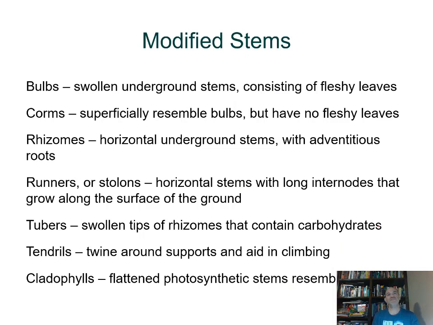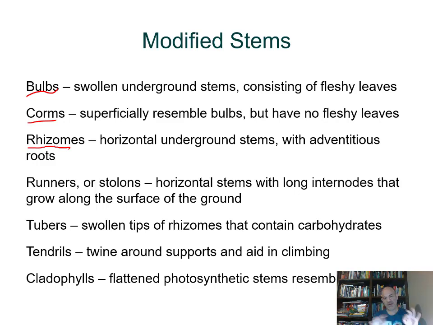Now, looking at modified stems, there are several kinds. There's a list here, and then there are some images of some of them. There are bulbs, which have fleshy leaves. Think of an onion. An onion is a bulb. Then there are corms, which kind of resemble bulbs, but they don't have fleshy leaf structures in there. And then you have rhizomes, which were mentioned already when we were talking about ferns.